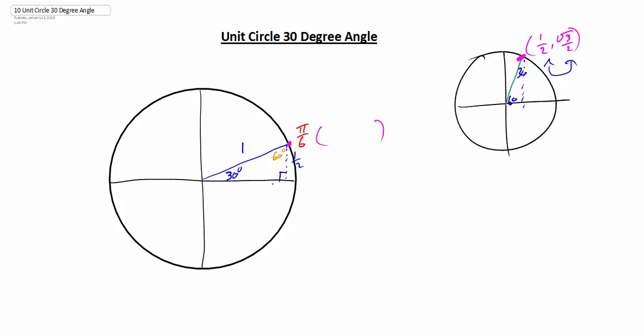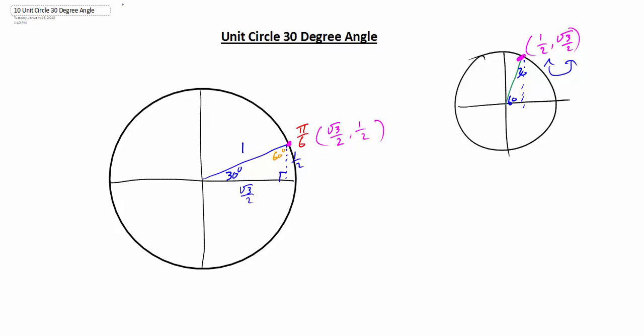And then the x, opposite of this 60-degree angle, must be square root of 3 over 2. Therefore our x coordinate is square root of 3 over 2 and the y coordinate is simply 1/2.